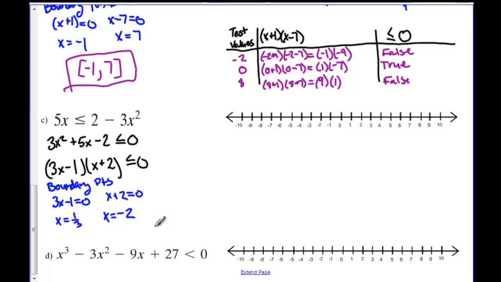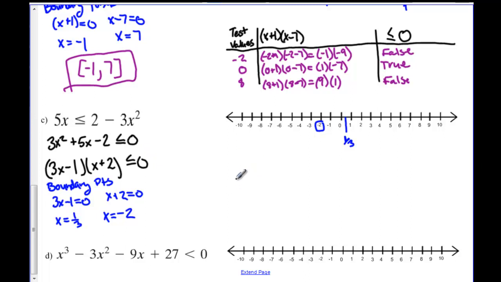Is everybody okay on that, even though I didn't show the steps on the 1/3 part? Okay. All right, so x is -2 right there. And then x is 1/3. All right, well, that 1/3 is going to be about here. And I'm going to make a note. That's a 1/3. And then same process.